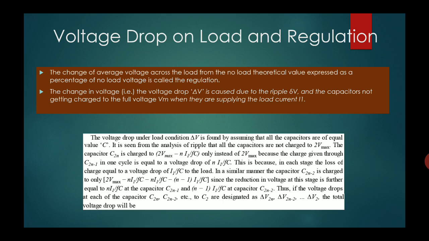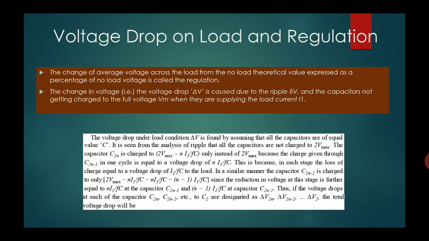So when we go to 2n, we have a voltage drop due to 2n. When we have the voltage drop of the capacitor C2n, it is affected by the capacitor voltage drop of C2n minus 1.